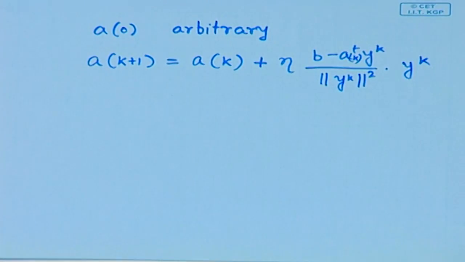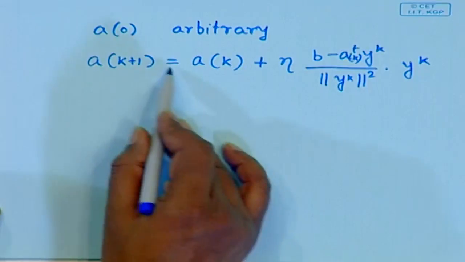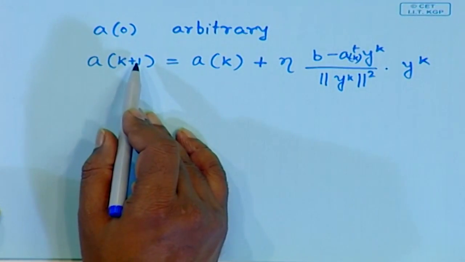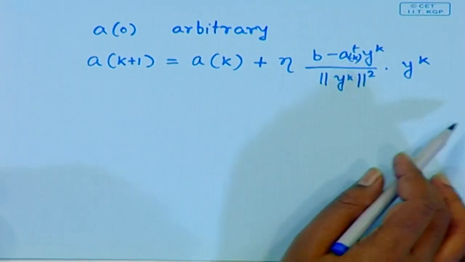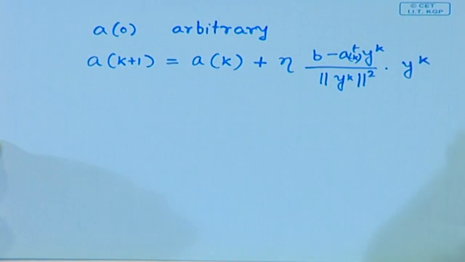So, again over here you consider the samples sequentially one after another. The moment I encounter a sample which is misclassified, I update the weight vector A(k) following this updation rule. So, this is sequential version of the same relaxation procedure, right.